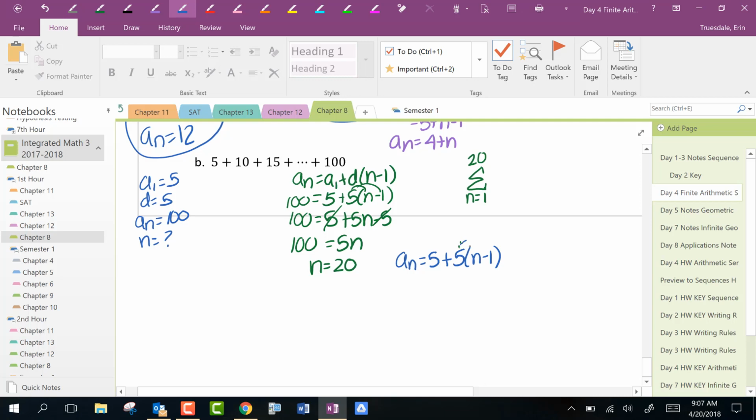Distribute the 5: 5 plus 5n minus 5. What happens to the 5s? They cancel, so the rule is 5n. That's just finding all my terms. And that should make sense to you, because when you plug in 1, you get 5, and when you plug in 20, you get 100.